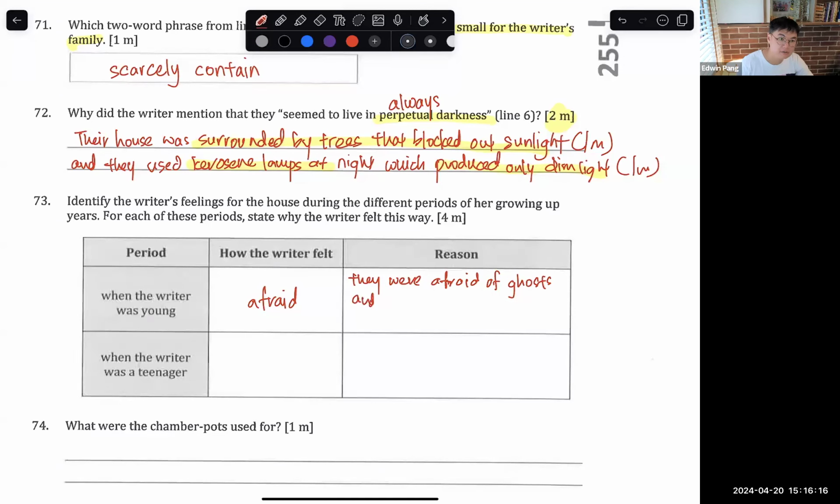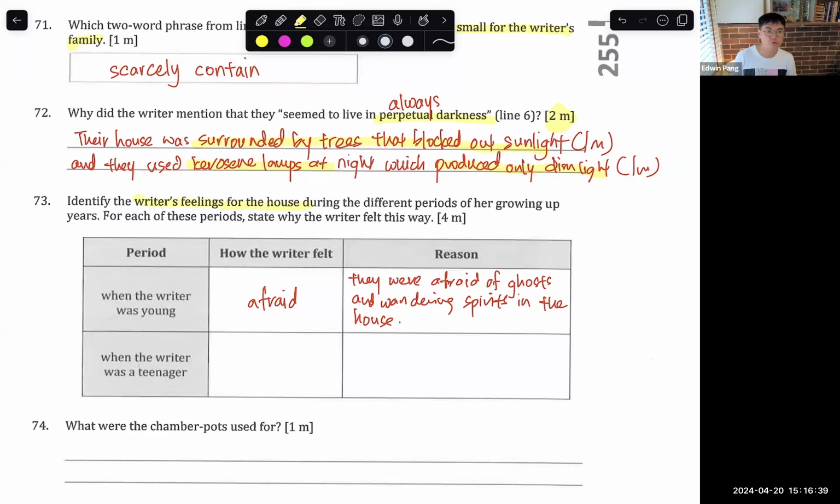Ghosts and wandering spirits in the house. So the key is the feelings for the house. So you must always mention that they are afraid of ghosts and spirits in the house.